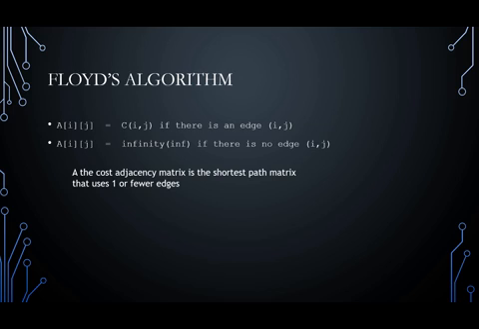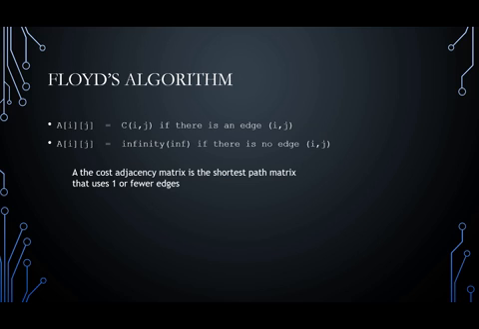So the basic idea behind Floyd's algorithm is this. For any pair of nodes i to j in the cost adjacency matrix, C of ij will be a value if there is an edge from i to j. If i to j does not have an edge or a link, then we initialize it to infinity, right? So in the cost adjacency matrix, if an edge exists, you will have an integer value.